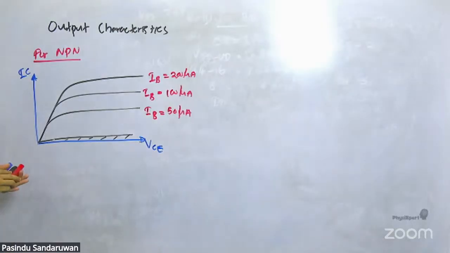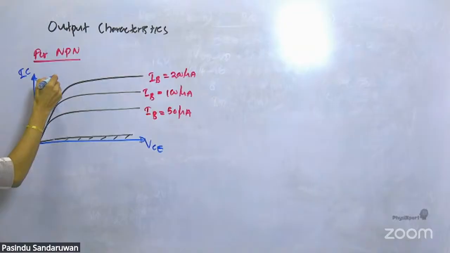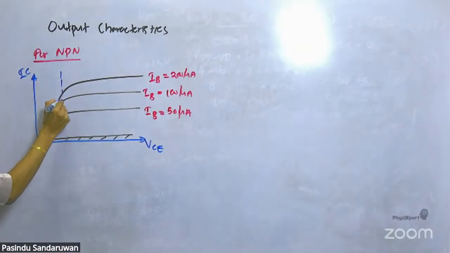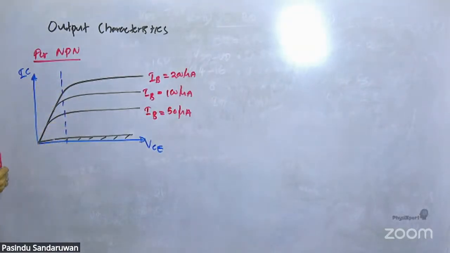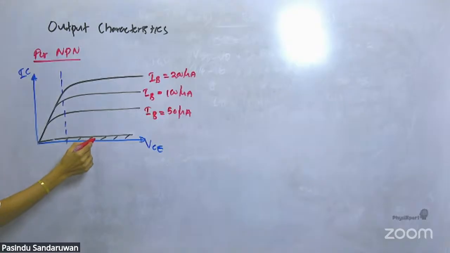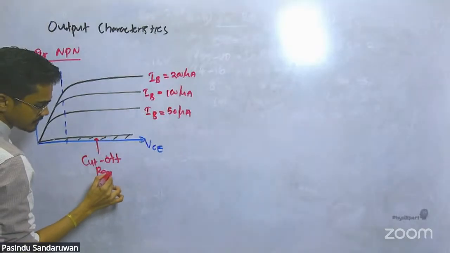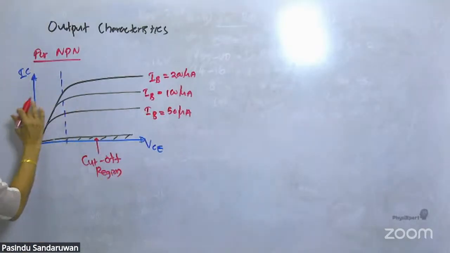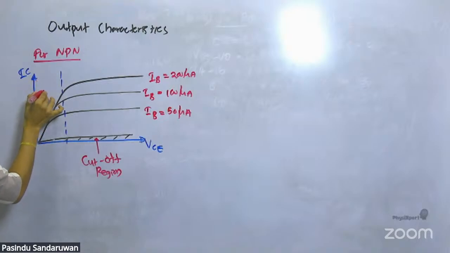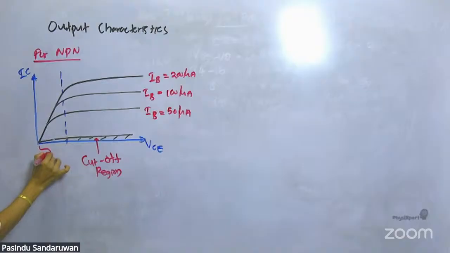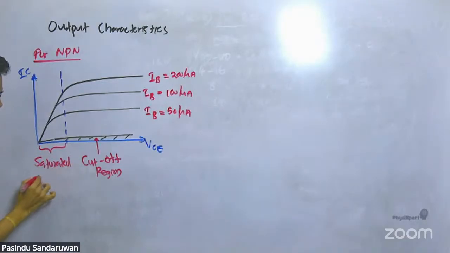And then we label all the regions. The region where IC is close to 0 is the cutoff region. Where VCE is close to 0, this side is the saturated region.